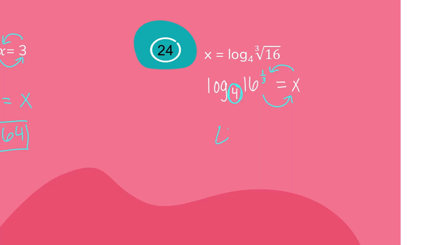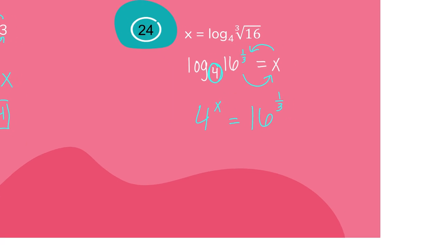So I'm going to have 4 to the power of x equals 16 to the power of 1/3, and then you try and find the same base. 4 squared. Okay, I'm going to get 4 squared. So keeping this as 4 to the power of x equals 4 squared, keep in mind I'm multiplying 2 times 1/3.